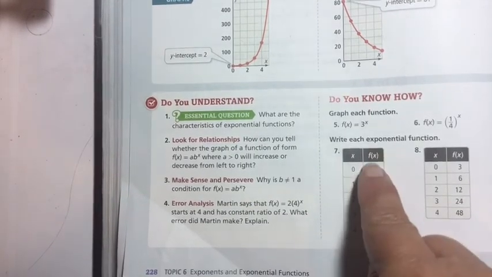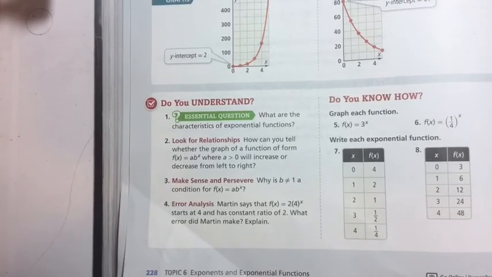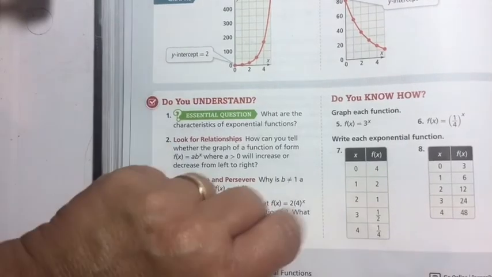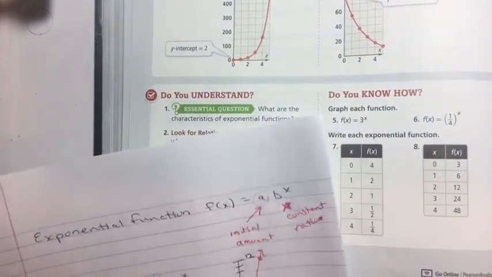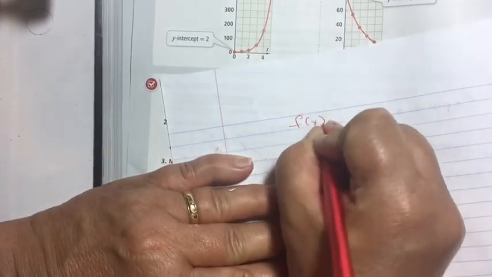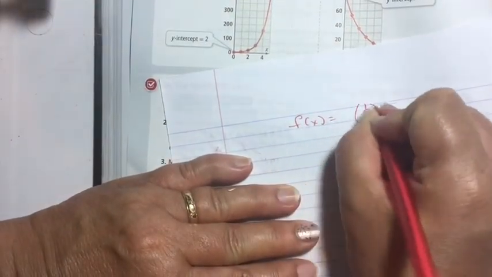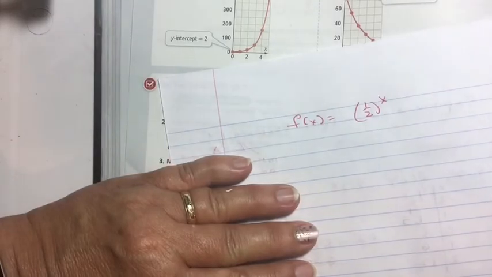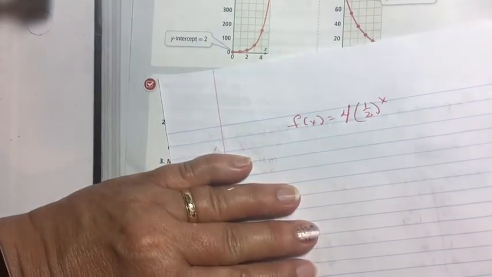So this is going to be a 1/2 to the x power with an initial value of 4. So if you were going to write this exponential equation, you would have the 1/2 to the x power times your initial value of 4.